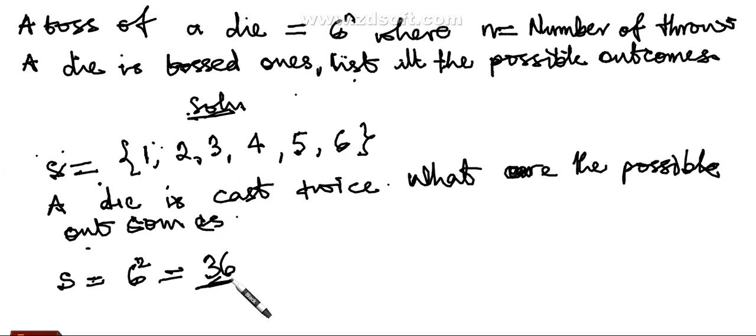When I toss 2 dice once, it's the same as when I toss a single die twice. And the same thing goes for a coin. When I toss 2 coins once, it's the same as when I toss 1 coin twice. So the number of items present will be equivalent to the number of throws. Just bear that in mind.